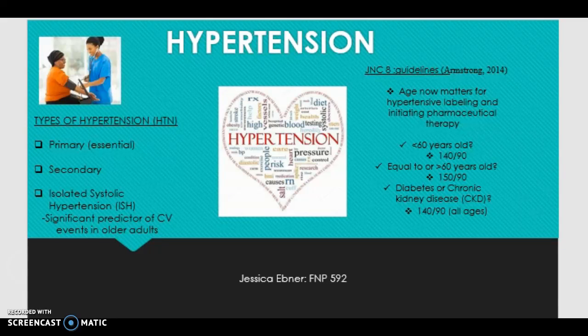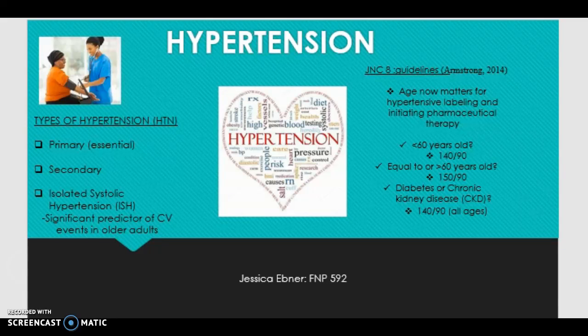The new guidelines that we follow, the JNC 8 guidelines, have a few changes from JNC 7. Age now matters for hypertensive labeling and for initiating pharmaceutical therapy. If the patient is less than 60 years old, the evidence-based guidelines recommend 140/90.